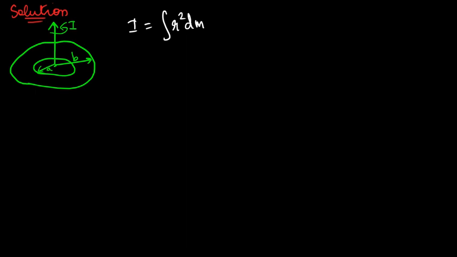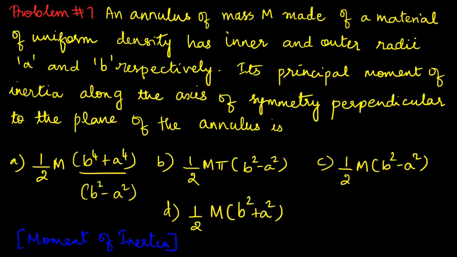What is this dm? So this dm is given as mass by area into dA. So here, mass by area. If you see in the question, we have to find the moment of inertia which is perpendicular to the plane of the annulus.